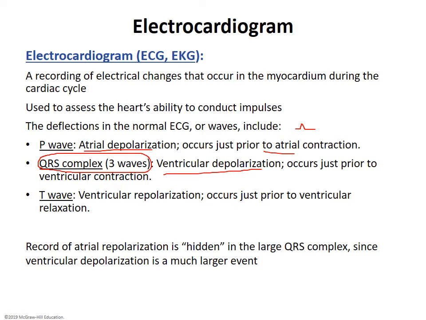In this QRS complex, the atrium is going to repolarize or relax, but it's overshadowed by the QRS. And then finally, the T wave at the end is ventricular repolarization. It's starting to relax again. Again, the QRS complex swallows up atrial repolarization.